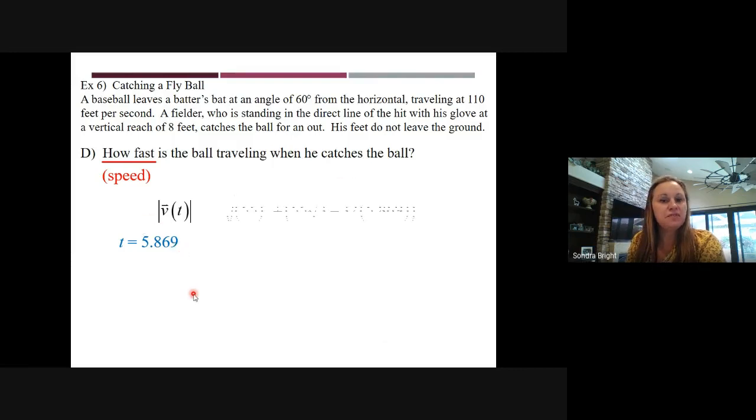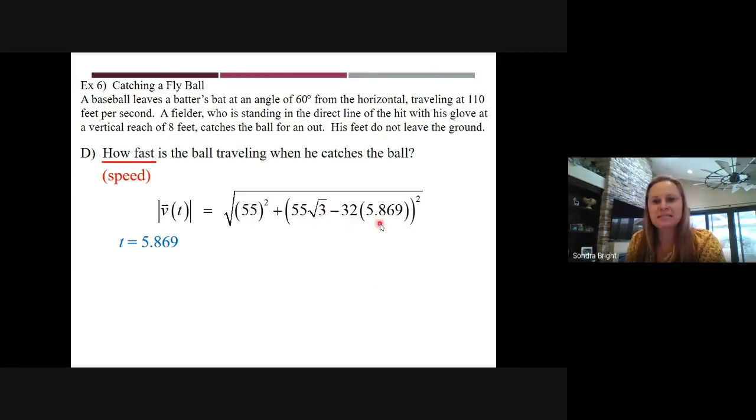Your velocity was 55 for the x component, but then 55 root 3 minus 32t for the y component. I'm plugging the 5.869 into the t. Magnitude is Pythagorean theorem, right? x squared plus y squared. And then you put it in, and you're going to get 107.655 feet per second.